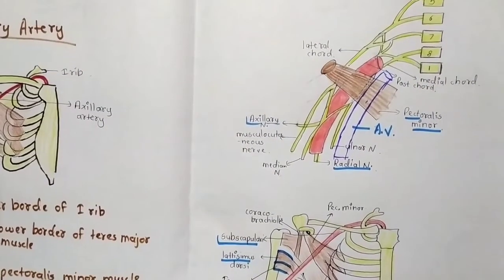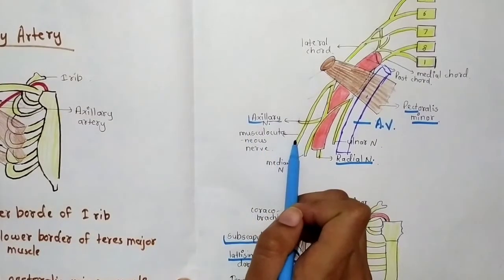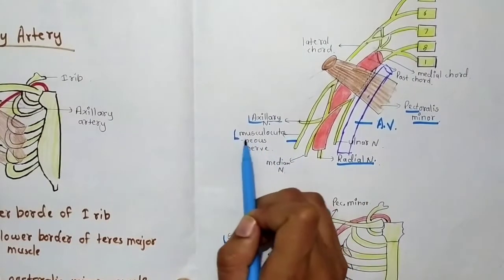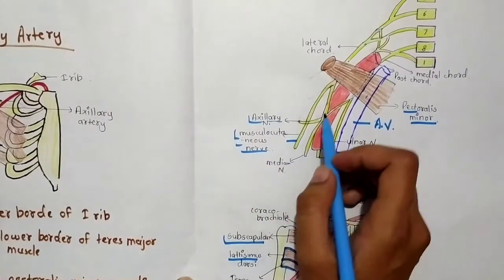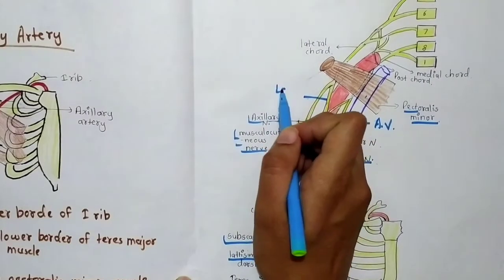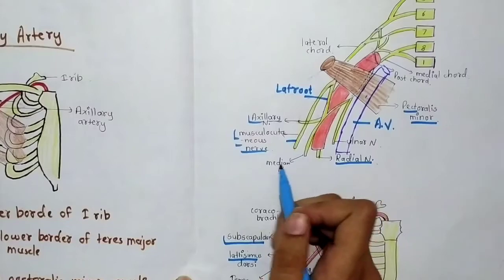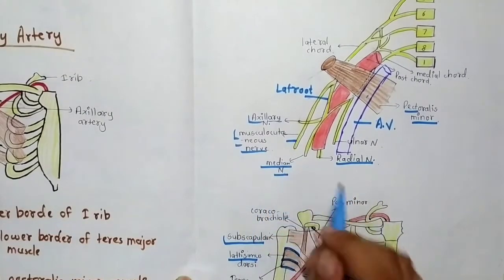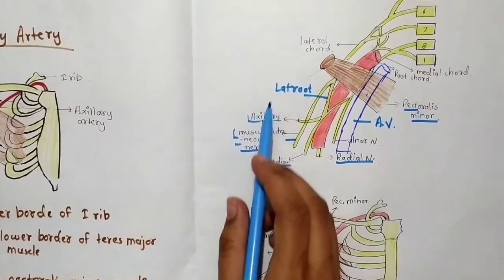And in the lateral part you can see this one is the musculocutaneous nerve, and also the lateral root of median nerve, and the median nerve itself. So these are three nerves in the lateral region.